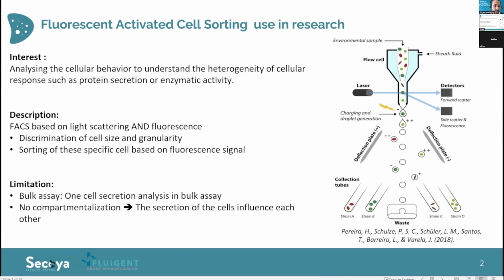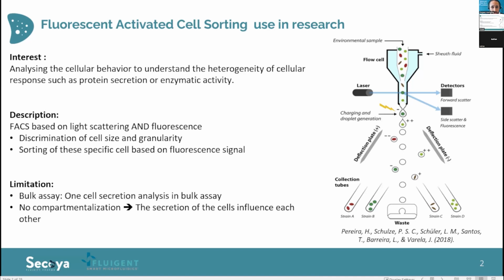So as I said, the FACS is actually based on two things: light scattering first, and fluorescence. The light scattering is based on a laser beam: when the cells pass through the FACS, as we can see on the scheme, we will be able to analyze the size of the cells and also the granularity, thanks to two detectors, forward scatter and side scatter.